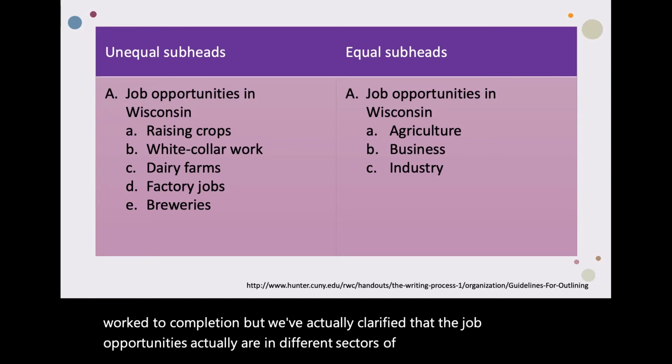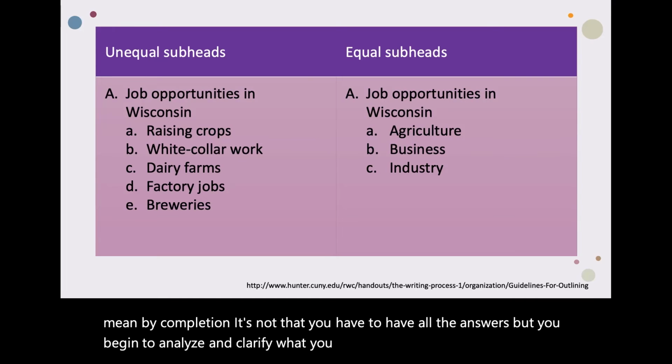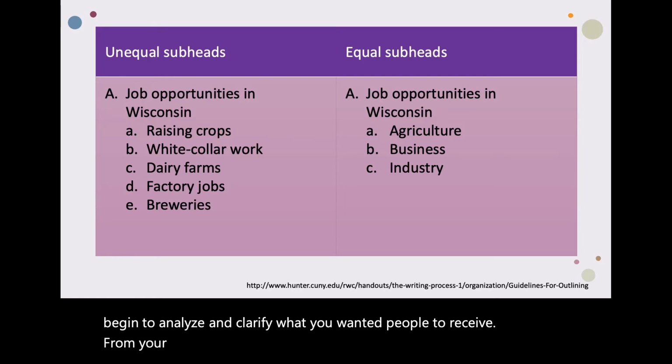And that's what we mean by completion. It's not that you have to have all the answers, but you begin to analyze and clarify what you wanted people to receive from your outline. And this, again, is not about outlining as much as it is outlining your thoughts so that you can write your paper.